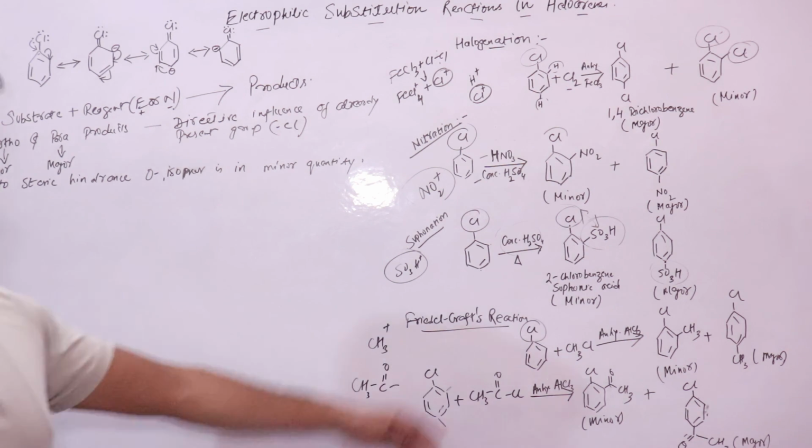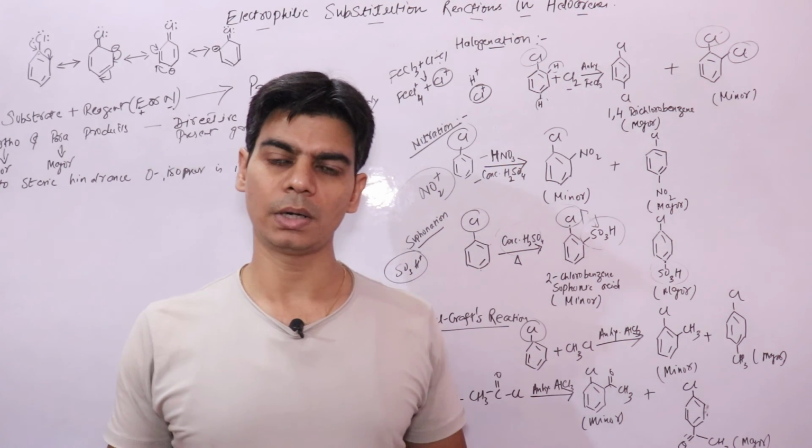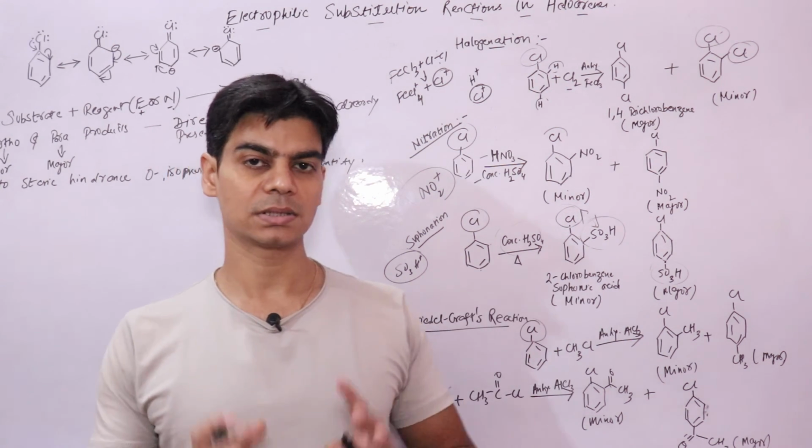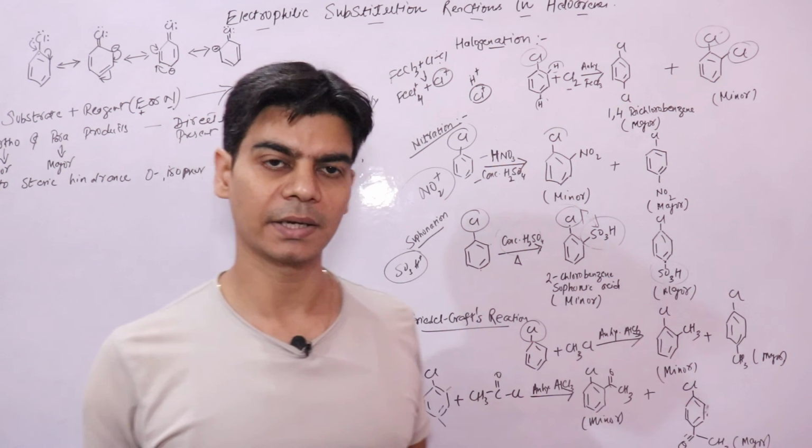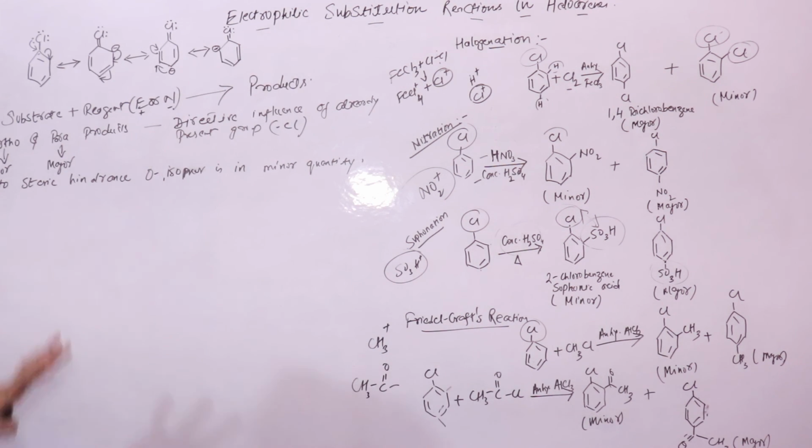And your para product would always be in major quantity because it is not facing any kind of steric hindrance. There is no steric hindrance, right? So these points are important with respect to these reactions.